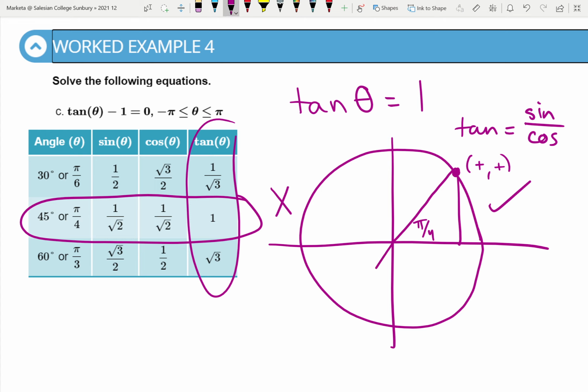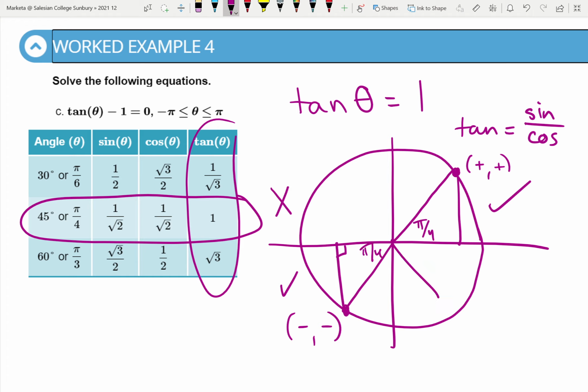In the next quadrant, part of the butterfly again, remembering the butterfly would look like this, this would give us a negative cos value or x value and a negative sine or y value. Negative divided by negative is positive. So yes, we want that. We're going to have a positive tan value there, and I'm just going to pop that pi on 4 in.